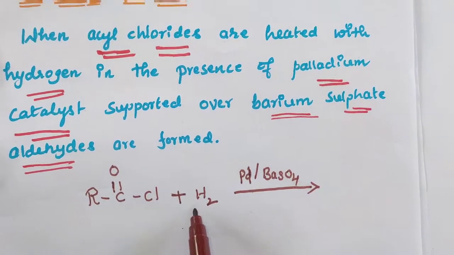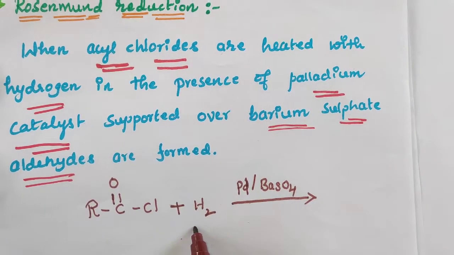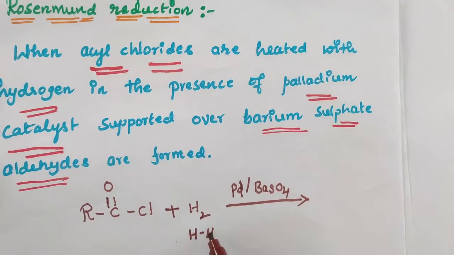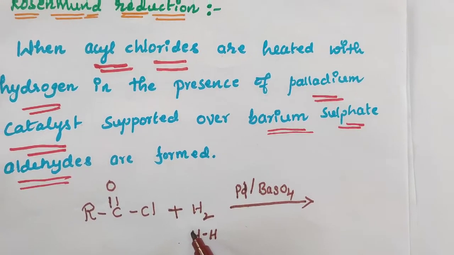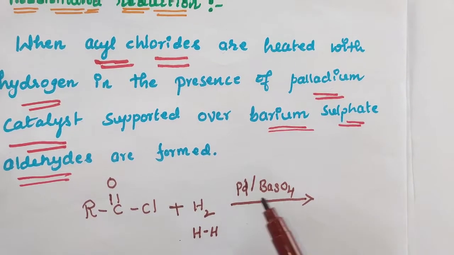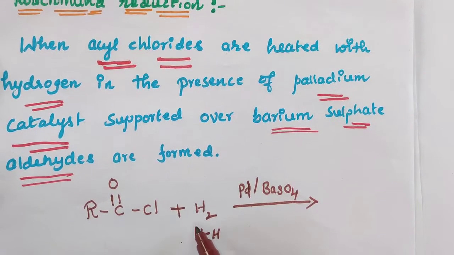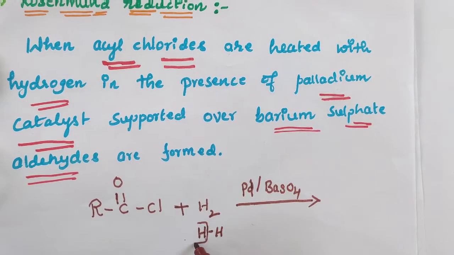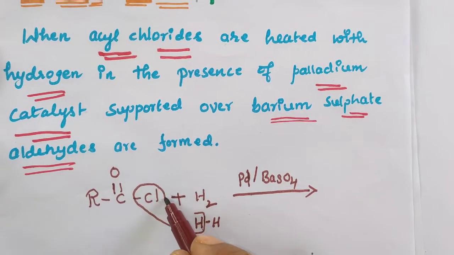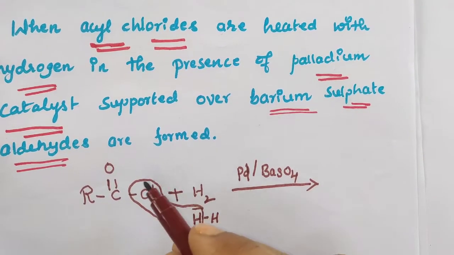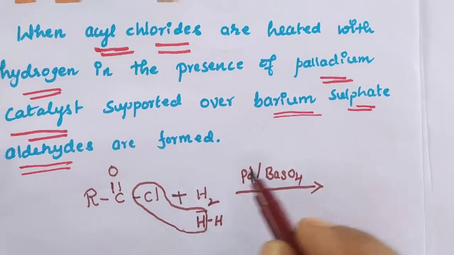Here we are adding H and H from H2, so this is also called a hydrogenation reaction. One of the hydrogens combines with the Cl, forming HCl. The remaining H is substituted in the place of Cl.